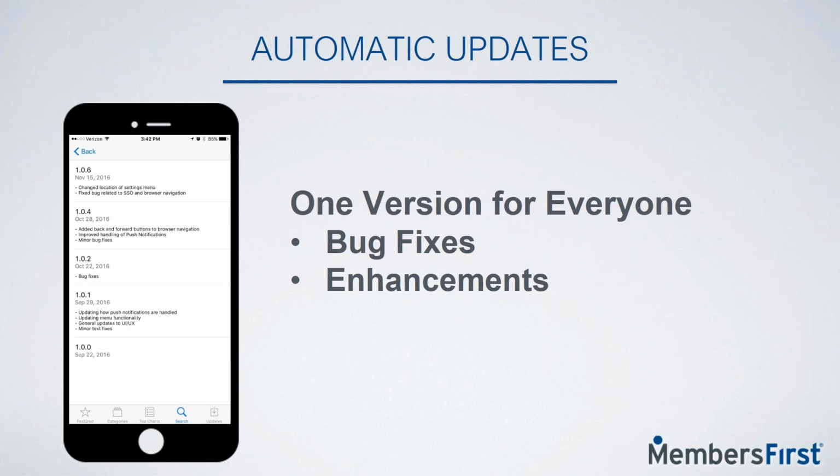Now, you will want to remind your members that they should be updating their mobile apps, not only their club's mobile app, but they should be updating all of their other apps on their phone as well. I know that I'm guilty of this, that I don't always update my app from time to time, but it doesn't hurt to have a quick reminder from their club communications department. The beauty about the app is that you've got one version for everyone.